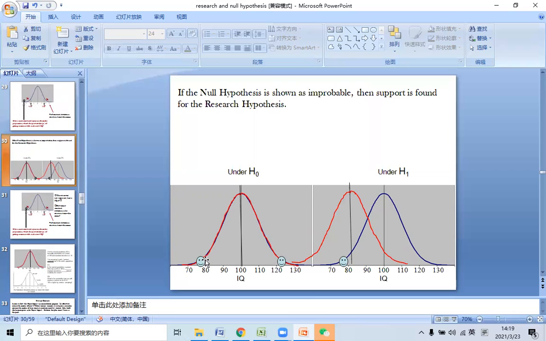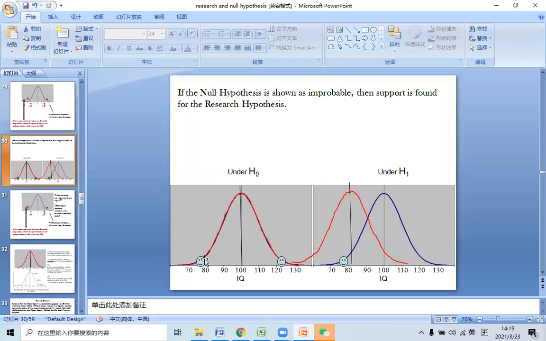You want to show the evidence and say, if we assume the null hypothesis is true, if we assume that there's no difference between the two populations, then it is highly unlikely to find a score so low or so high, so extreme.